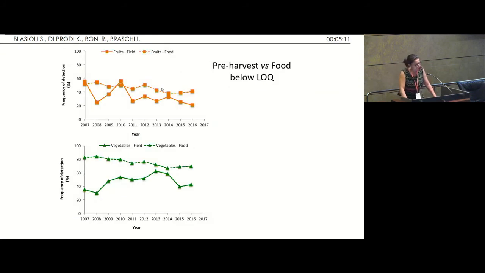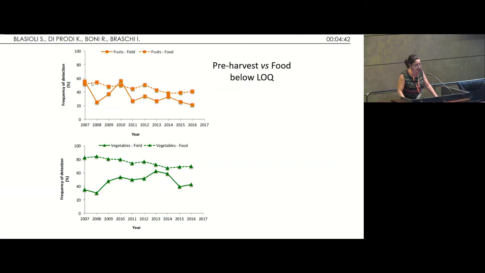In this graph, we are looking at the percentage of samples below the limit of quantification. So it's not zero residue, but you cannot measure any residue, or you cannot give any number, okay?